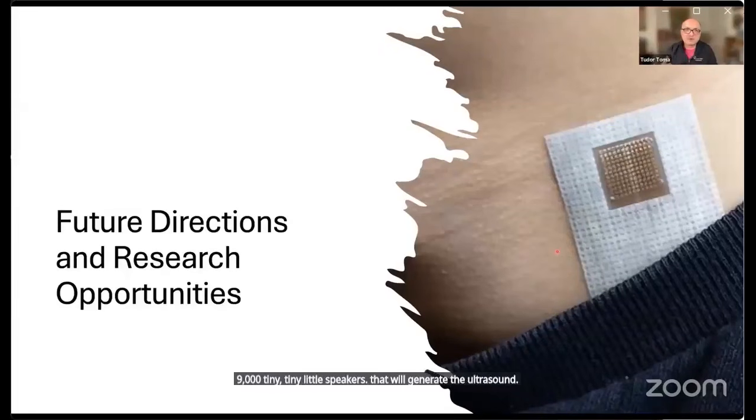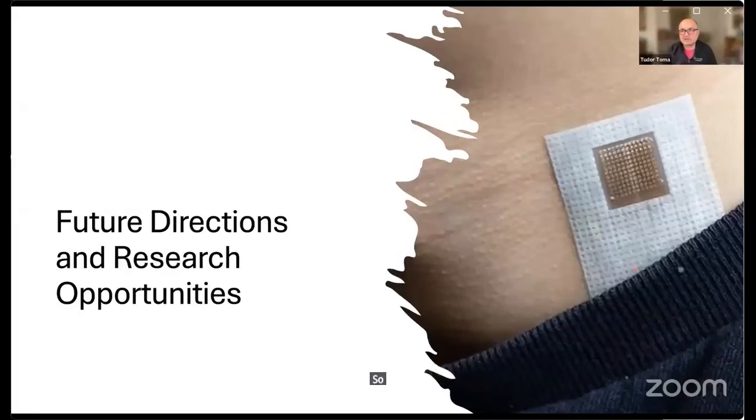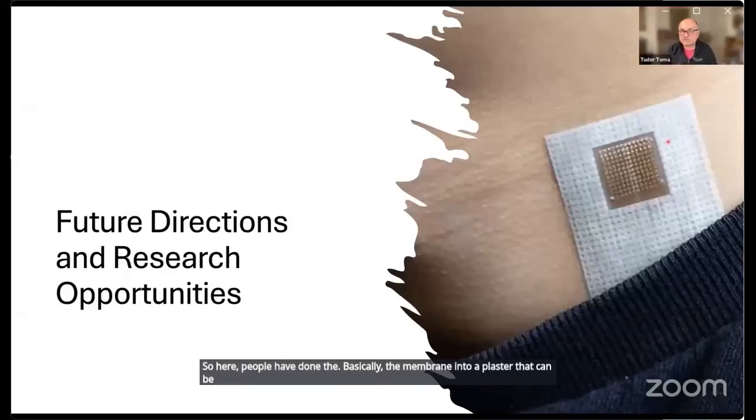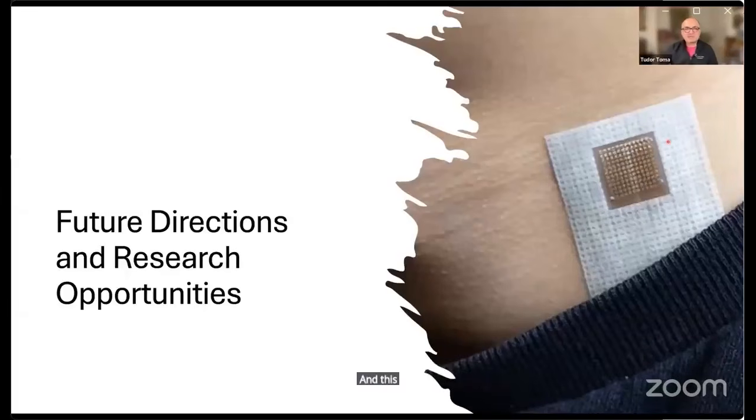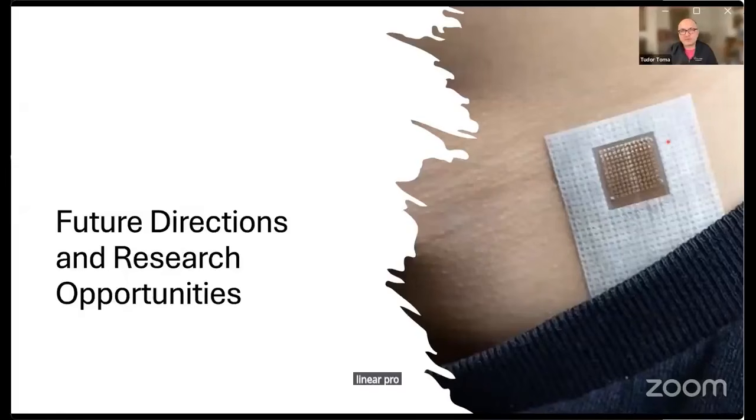And therefore, technologically, it is possible to completely separate this membrane from the bulk of the rest of the electronics of the ultrasound machine. So here people have put the membrane into a plaster that can be attached for a period of time on the body. And this behaves like a proper ultrasound machine and can be modulated like an ultrasound machine, which is again modulated like an abdominal probe, linear probe, or a cardiovascular probe.